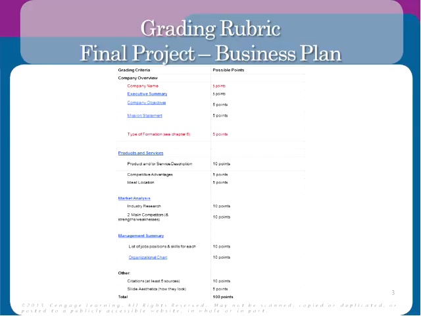Here we go. So you're going to have your company name and executive summary might be on one slide. Company objectives on the second one, mission statement on the third. Let's go 1, 2, 3, type of formation. I'd say 3 to 5 slides for your first section. Your product description should be on the slide by itself. So 6. Your advantages, your ideal locations.